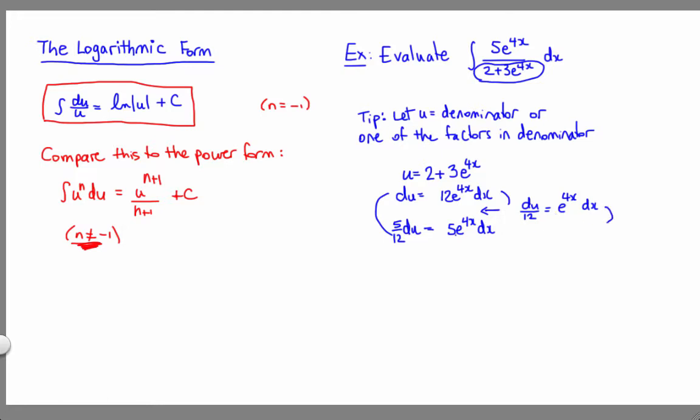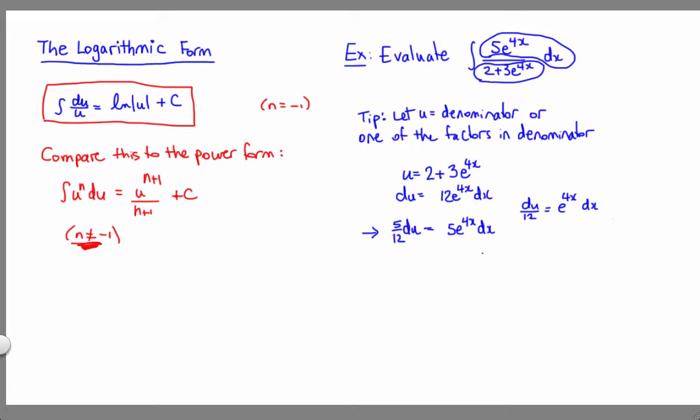What we want is a coefficient 5, so we'd have to multiply both sides of this equation by 5. So we'd have 5/12 of du is equal to 5 e to the 4x dx. So at this point we've figured out how to rewrite the rest of the integrand, this 5 e to the 4x dx. We're going to think of that as one object, and we've figured out that we can write that as 5/12 of du.